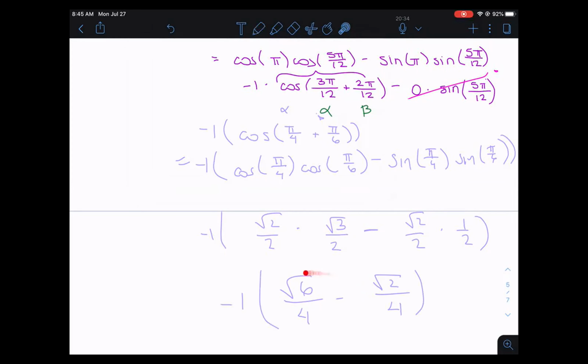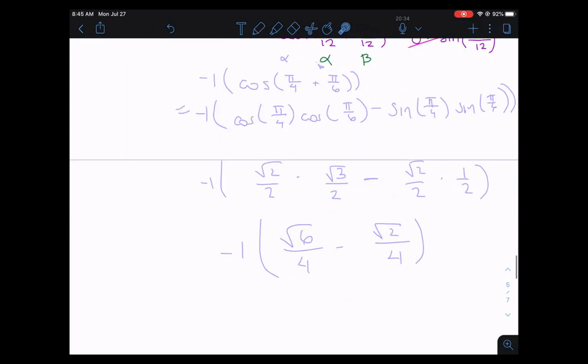So see, now we have a subtraction of two radicals. Since we have the subtraction of 2 radicals, we cannot combine these two. We're not going to combine the insides. We're just going to rewrite the same radical. So this is going to be 1 square root minus this other square root all over 4. So it's just going to be the square root of 6 on its own minus the square root of 2 on its own over 4 times -1.